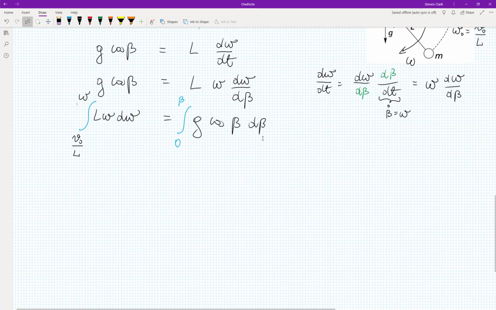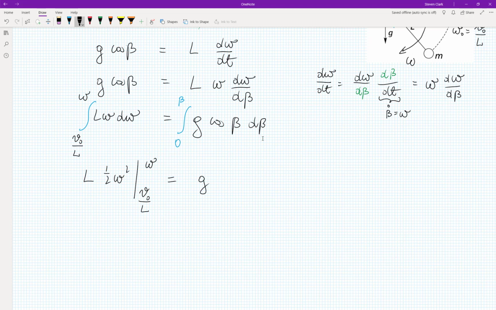So now let's integrate. This will be L 1/2 omega squared in integration bounds from V0 divided by L to omega. And if I remember correctly from school, integral of cosine is sine, yes? So it will be g sine beta from 0 to beta.